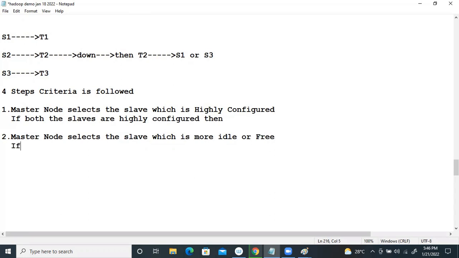For example, if S1 is executing 3 tasks and S3 is executing only 1 task, the task will be assigned to S3 as it is executing very few tasks.